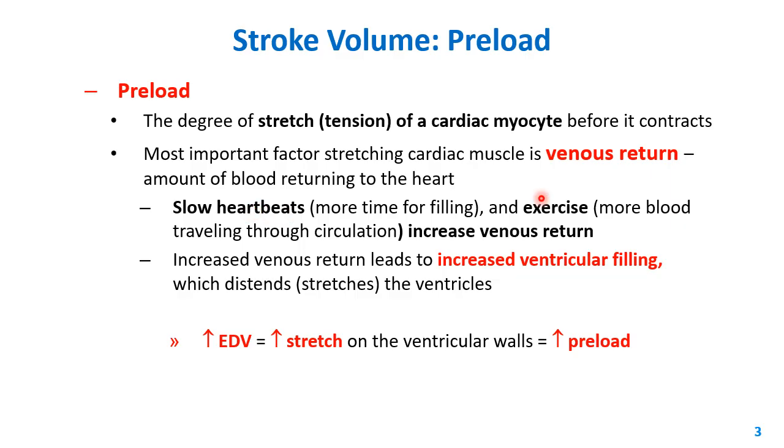Besides your slow heartbeat, if you are increasing your heartbeat by exercise, that is also going to increase your venous return. And we're going to see how, because this tends to be a bit counterintuitive sometimes. Okay, it really depends on the physical properties of the heart.